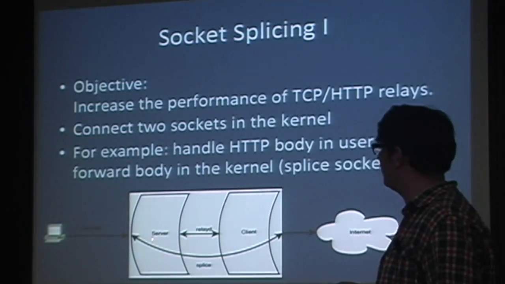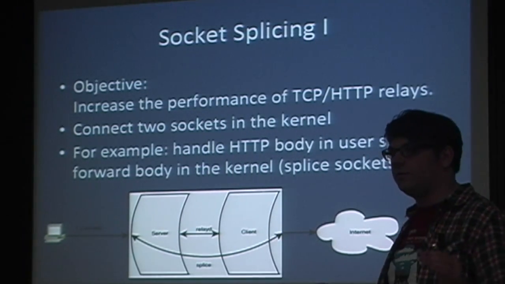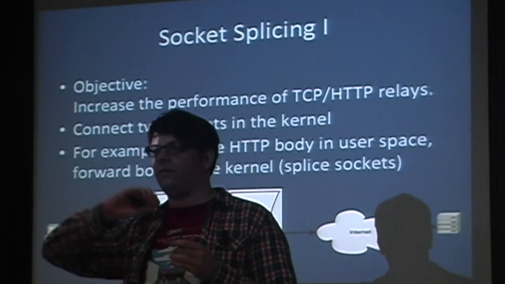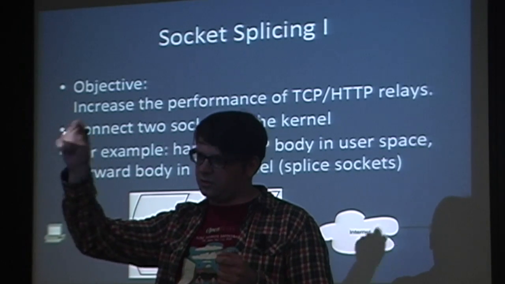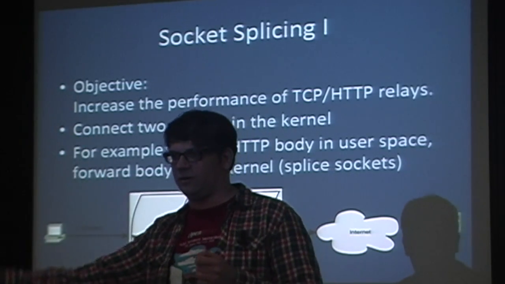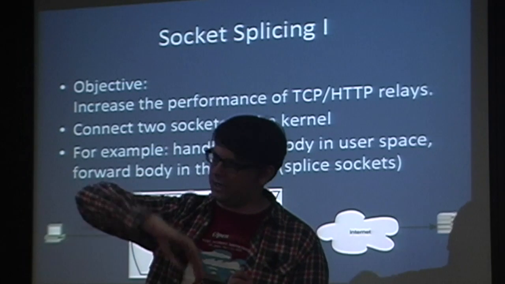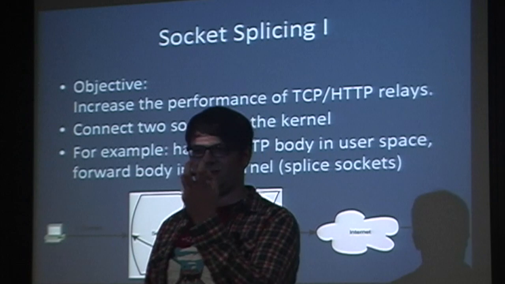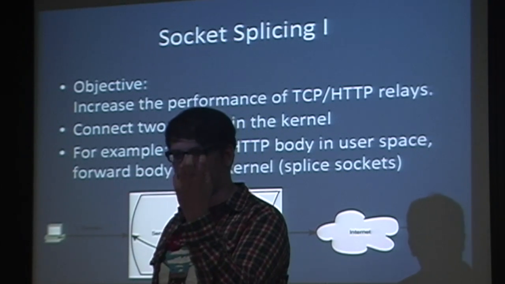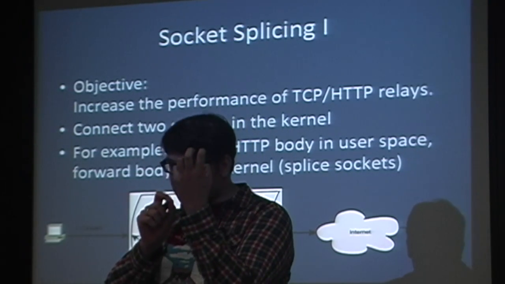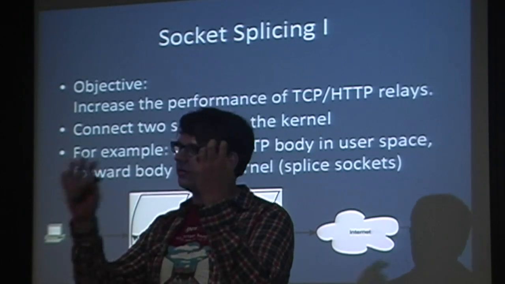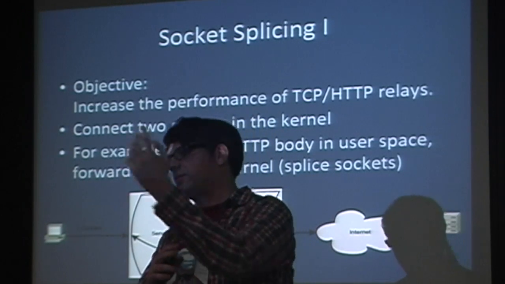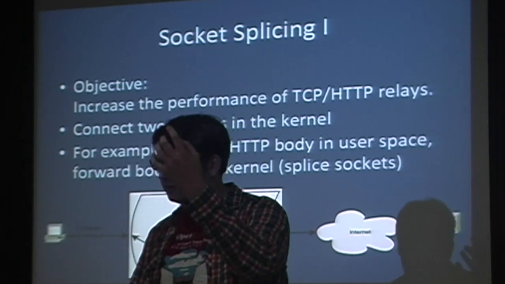The problem is with this layer 7 relay, you have some overhead. If you run your URL filter, you have to copy everything to user space, do the filtering, and then copy all the subsequent data of the return body and so on. In the HTTP case, I really just want to look in the HTTP header, then I know the length of the chunks or the body, in the return header case, or in the request there's the post data, for example.